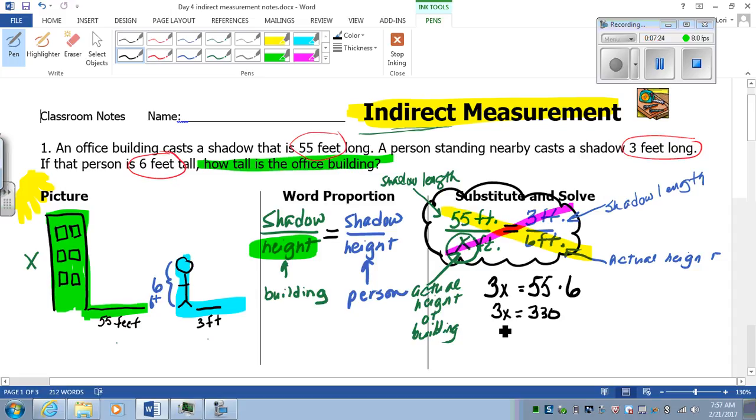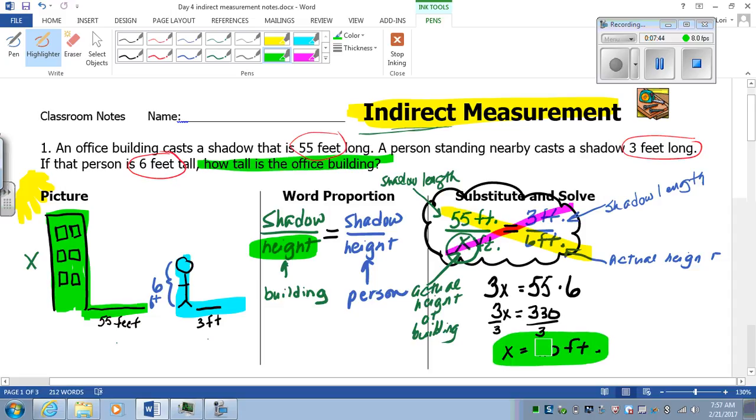Now, in order to get X by itself, we need to divide each side by 3. So that's going to give us X equals 110 feet. It's very important to use units when we express our answer. Our answer is X equals 110 feet.